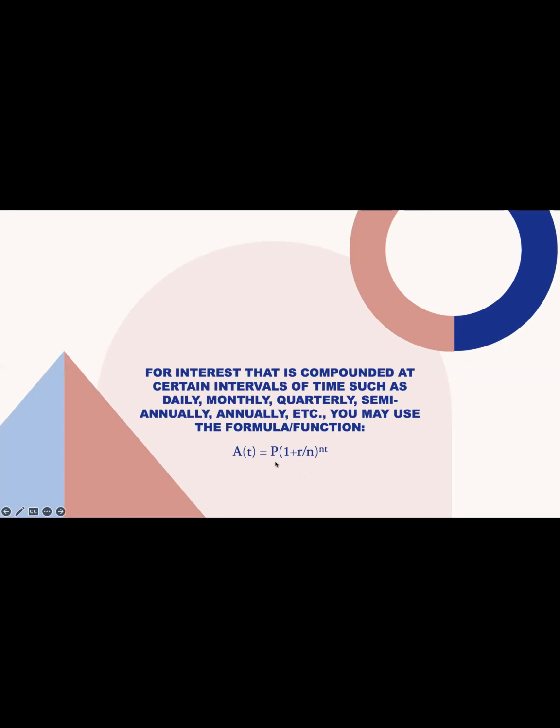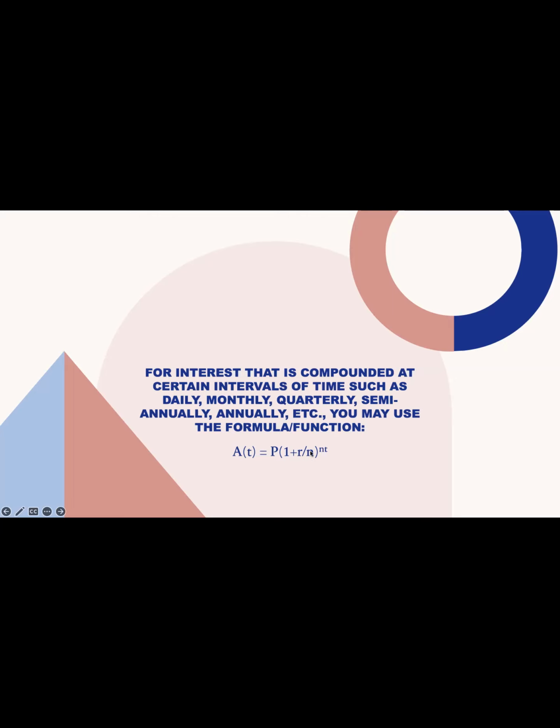So we have the principal times 1 plus, and then we have this r over n. r is the interest rate as a decimal. Don't forget, the problem will likely give you the interest rate as a percentage. You always have to change that percentage to a decimal. And then once you have the decimal, that's what you put in here for the r.